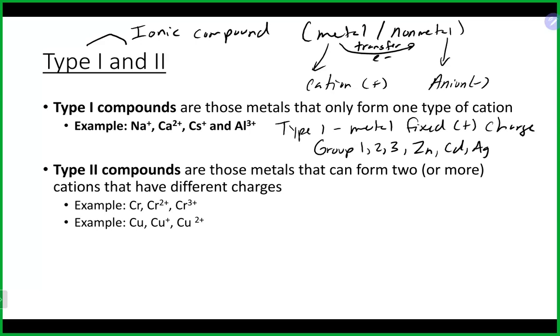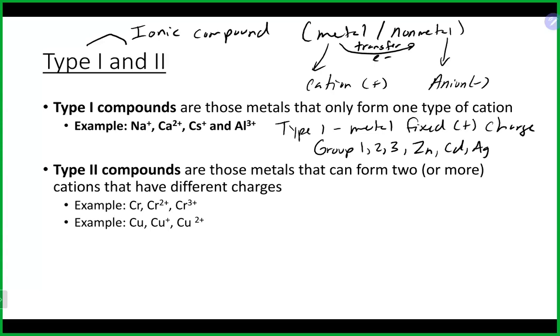So if you have a formula given to you or even a name given to you, and it's an ionic compound, and as soon as you recognize the metal as being either from group 1, group 2, or group 3, or it's zinc, cadmium, silver, just go, cool, I'm in a type 1 situation. And we'll talk about what that means in just a second. But that's what you want to look at, is always the metal.